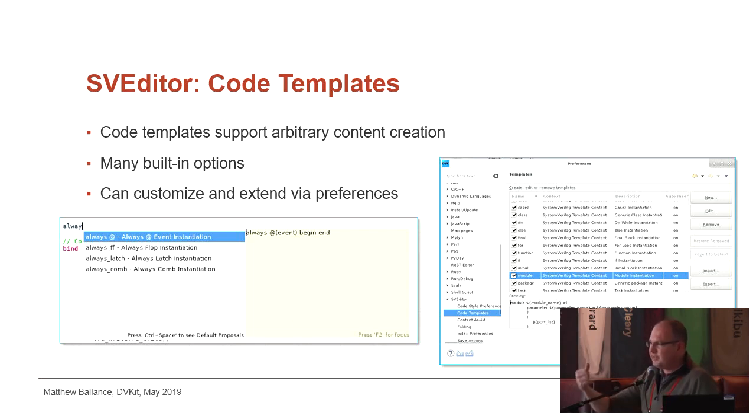Select the one you like, hit enter, and it lays out that code block for you, oftentimes prompting you to put in some information, for example, the sensitivity list for an always block. Now, the plugin itself has a library of code templates, which are, of course, modifiable and extensible. So if you don't like the way a particular one's laid out, you can change it. If there's a set of extensions that you'd like to add, you can certainly do that. This is actually something that was contributed by a user, and over time we've taken contributions of different code blocks that people like to lay out.